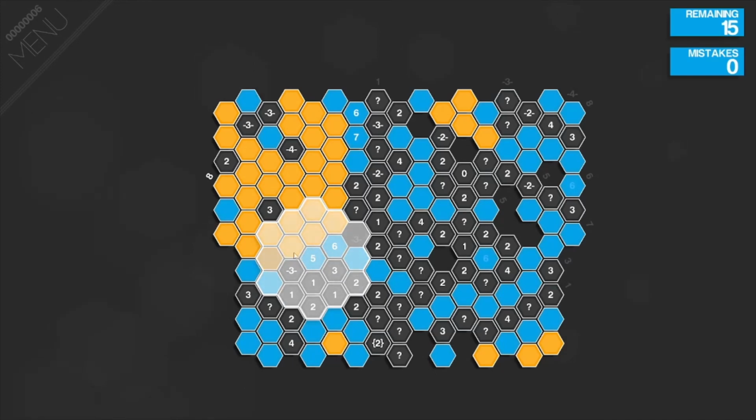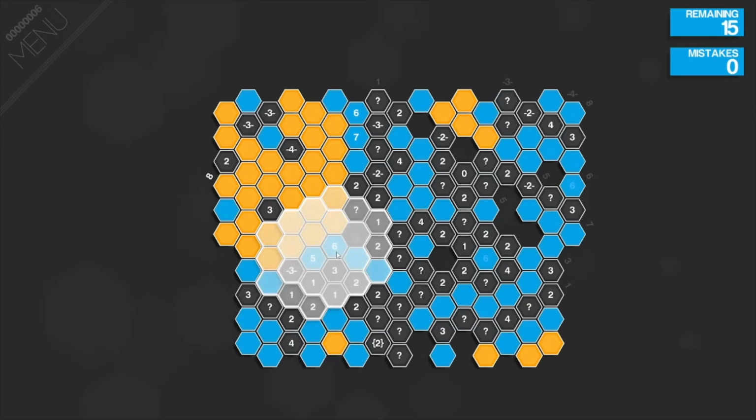An implied 4 needs to be in either this or this. There's one more bomb outside of here. Now if we do an overlap here, remember with the 6 it's 1, 2, 3. There needs to be 3 bombs within this pack of 6, and this 5 already has 1, 2, 3, and so it only needs 2 more bombs.